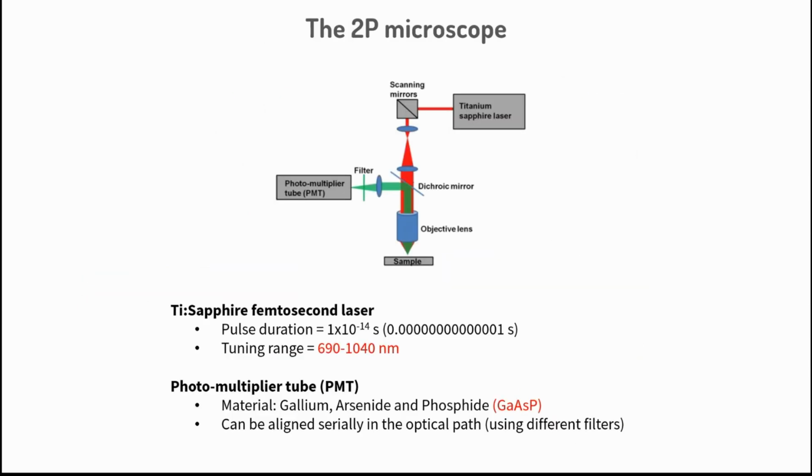But the important thing here is the laser, and this is what makes the microscope expensive, and makes it different to other typical microscopes, because the lasers are expensive and hard to maintain. I mean, you have to cool them with water. It's a complicated laser. So basically, the laser for the two photon microscope, we will see that now we have more types of lasers, but it's a laser made with a crystal of titanium sapphire.